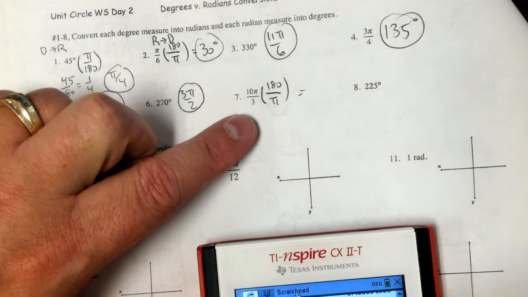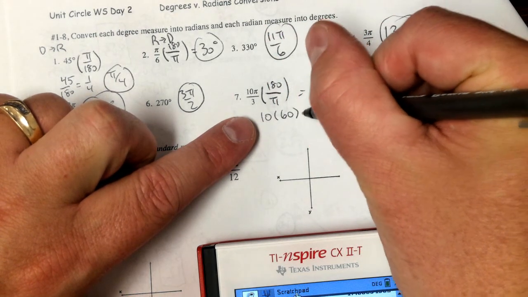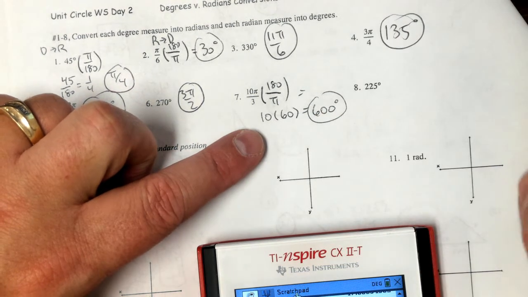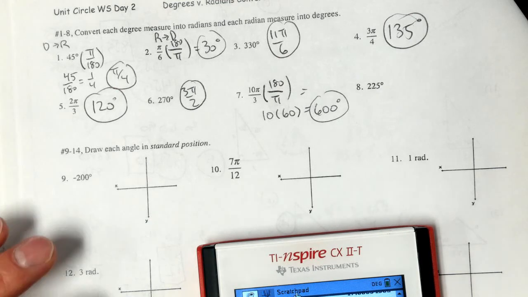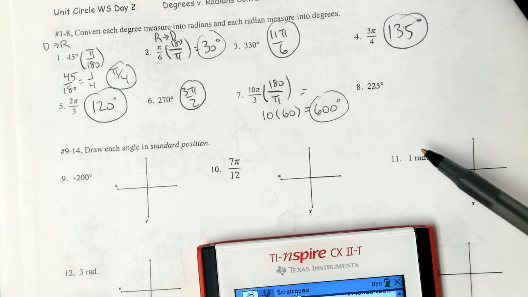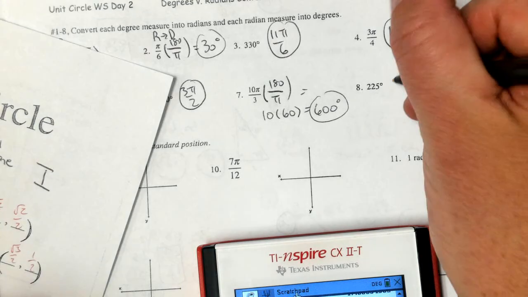Well, we know that's 60, right? And so then you get 600 degrees. Okay, and then our last one is 225 degrees. We can just look at the unit circle for that. And 225 is 5 pi over 4.